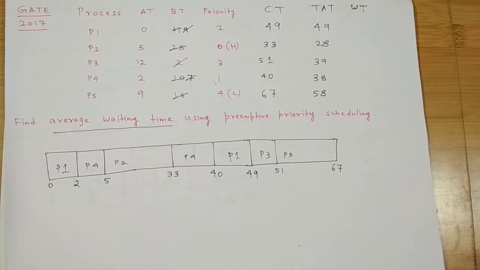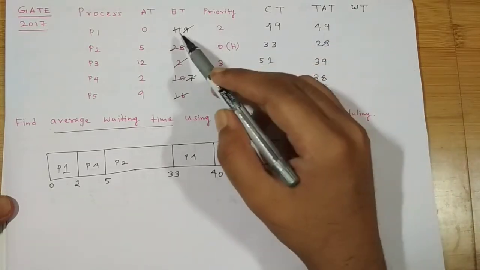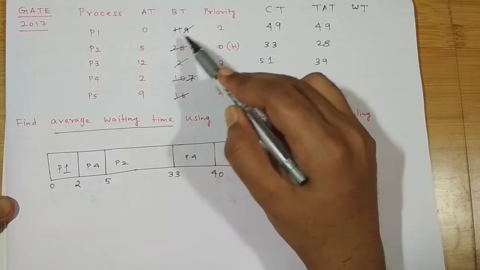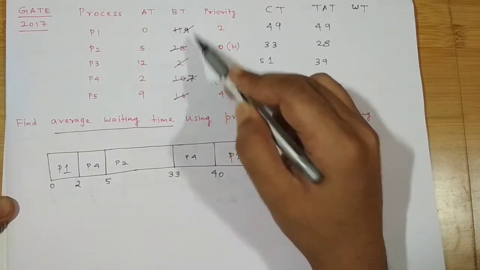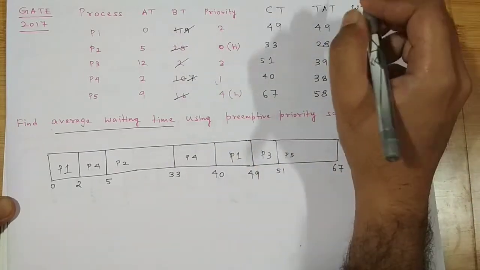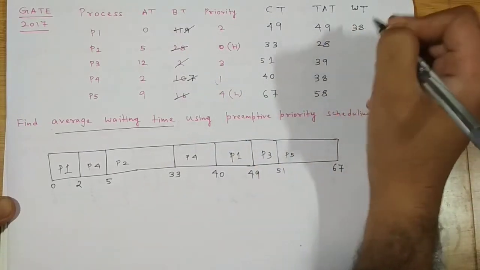So if I subtract the burst time from the total time spent by a process in the system, I'm left with the waiting time. So turnaround time minus the burst time will give me the waiting time. So 49 minus the total burst time, mind you, not the intermediate burst times, the total burst time, that is 11. So 49 minus 11 will give me 38.